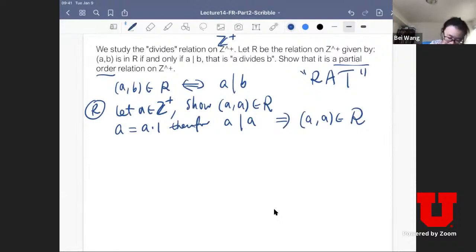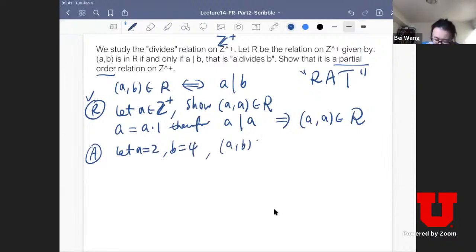Okay, so that's good. Now, next thing I want to show is antisymmetric. First of all, let's check if it's antisymmetric. For example, if I have a number A is equal to 2, number B is equal to 4, we know that AB is in R because 2 divides 4.